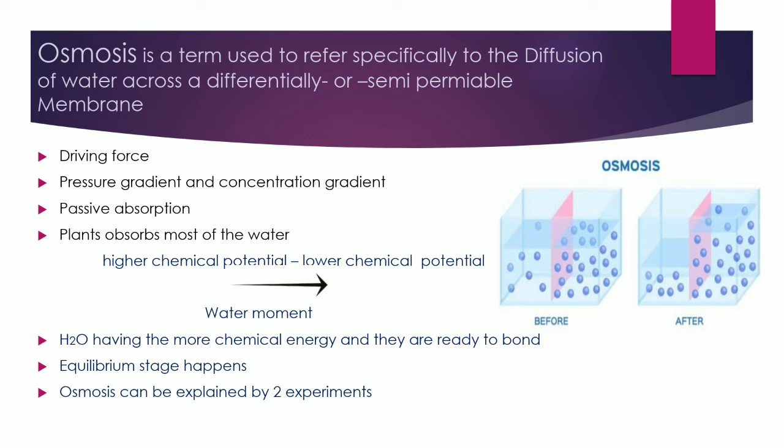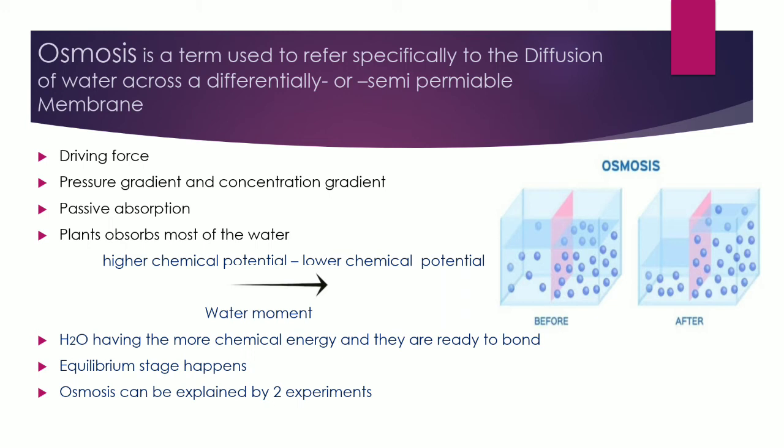Actually in diffusion we can see the concentration gradient where the solute particles can randomly move in the medium. But here the movement is only for water. It is a type of diffusion, but here the movement is for water molecules.